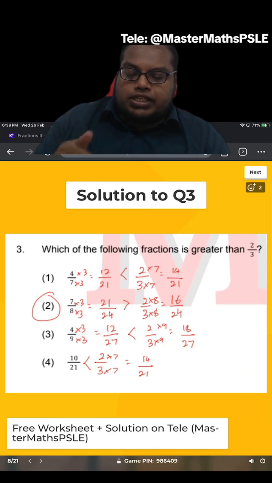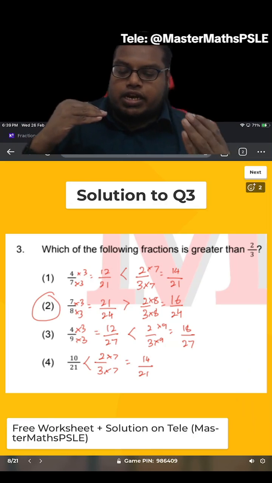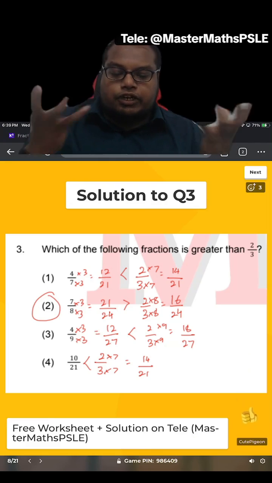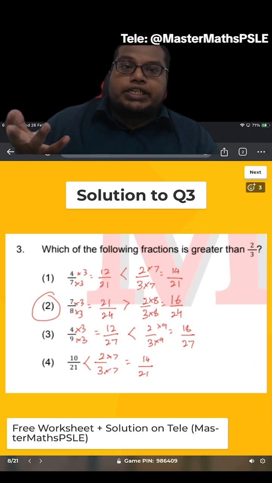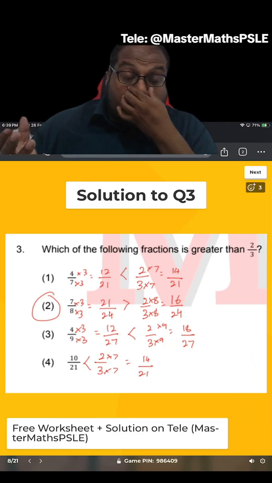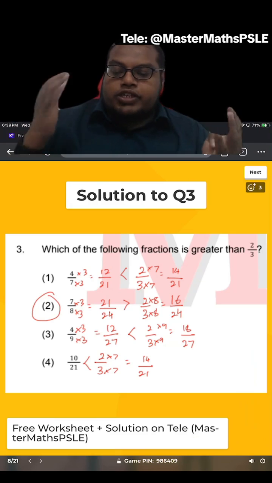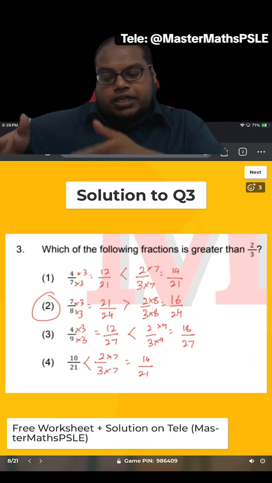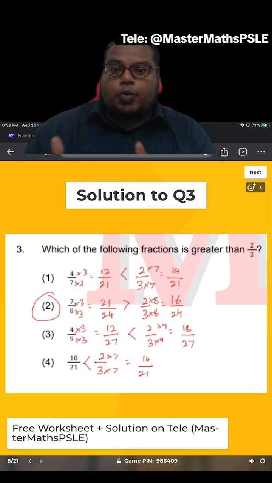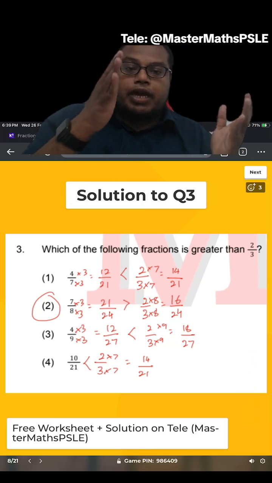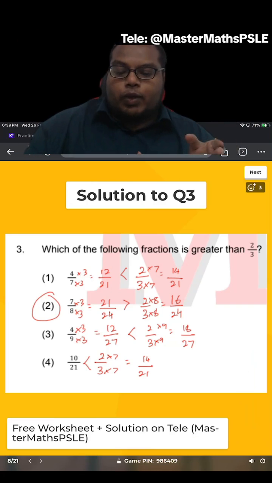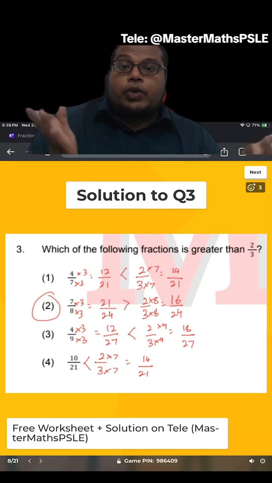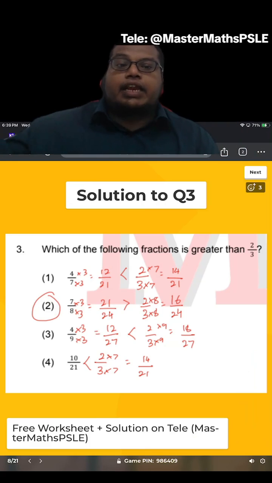Like for this case, 4/7 and 2/3. The denominators of 7 and 3, common multiple is 21, correct? So 7 times 3, 3 times 7. So the first fraction becomes 12/21. The second fraction becomes 14/21. So 12 is less than 14. Okay, we are looking for one that is greater than.